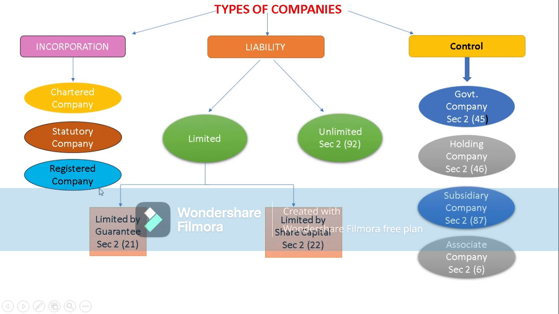At the same time, statutory companies are separate legal entities, which are audited by the Comptroller and Auditor General of India. So this is about statutory companies, which are controlled and owned by the government.